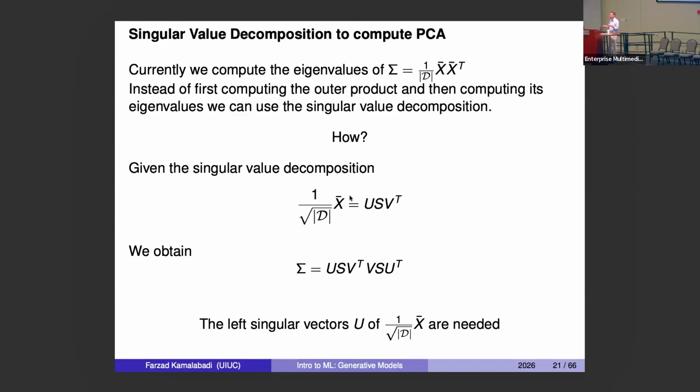We're using it for a square matrix in this case, and that's fine. All that means is that we just directly operate on the data vector X. This is the SVD expansion of it, and the matrix of singular values is just the product of these. And the left singular vectors U are needed, as opposed to both U and V. So it's just a more efficient way of computing the same.